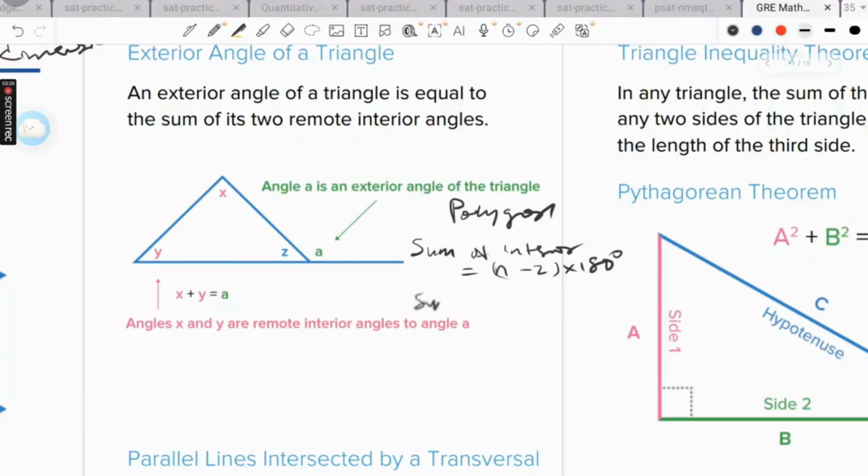The sum of exterior angles, no matter what the polygon is, equals 360 degrees. I have added this note here to explain this better.